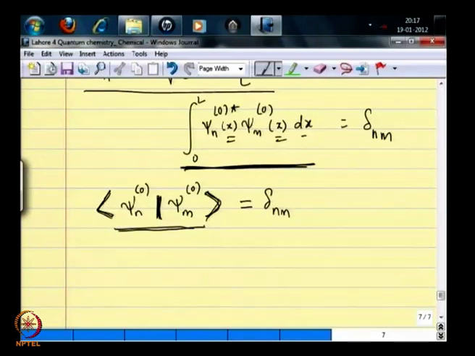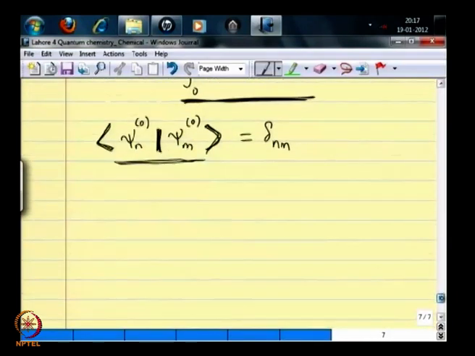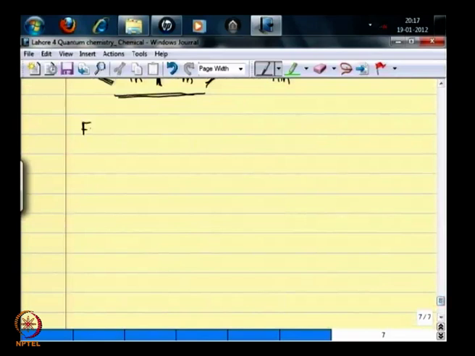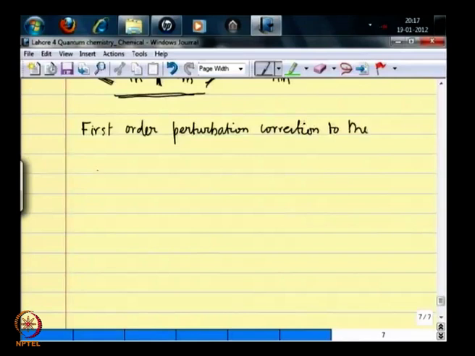eigenfunctions are orthonormal, and we want to calculate the first order perturbation correction to the energy En0 due to the perturbing term H1.